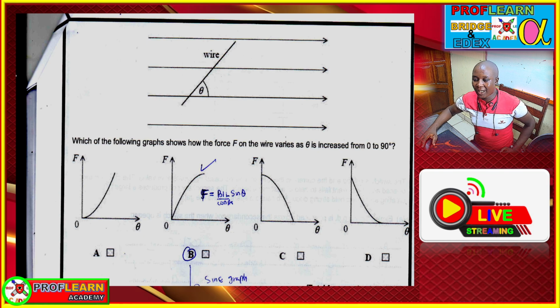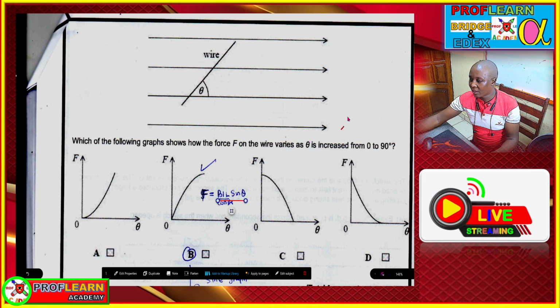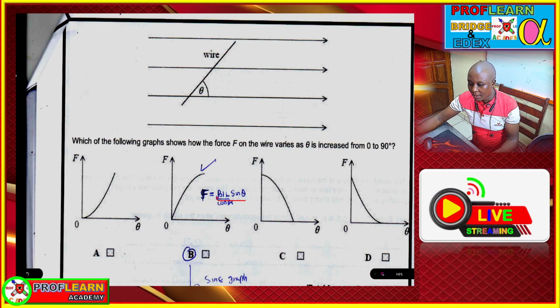So you remember, as the angle increases, the amount of force experienced also increases. But the most important thing that you need to remember, guys, is that force equals BIL, isn't it? Magnetic flux density times current times the length. All these values are constant. The only varying value is the angle.